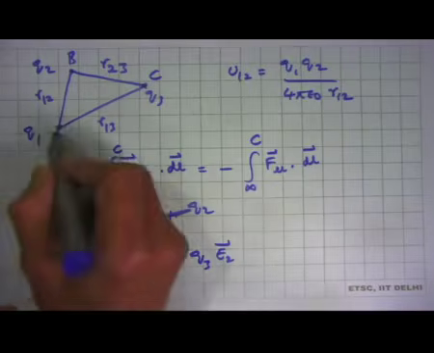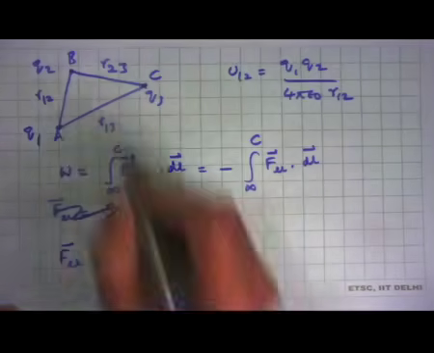E1 is the electric field produced by charge q1, and E2 is the electric field produced by charge q2.